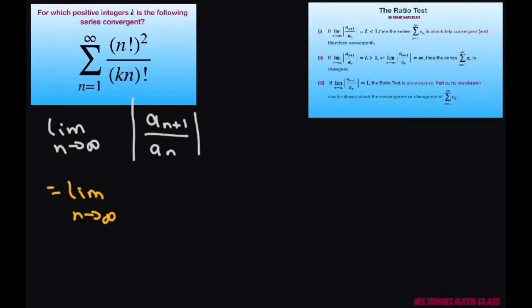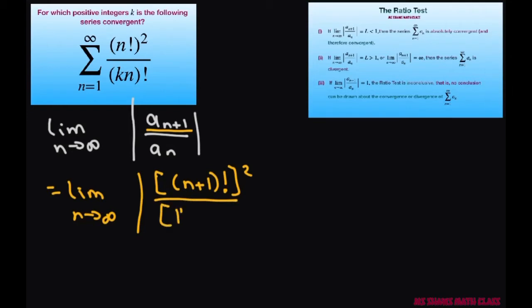Now for our a sub n plus 1, we're going to get the absolute value of (n plus 1) factorial squared divided by (k times (n plus 1)) factorial.